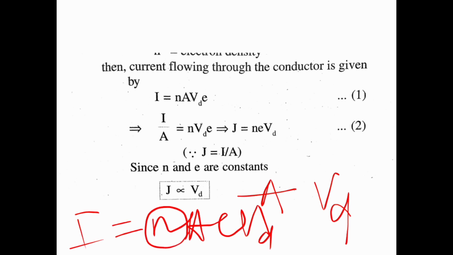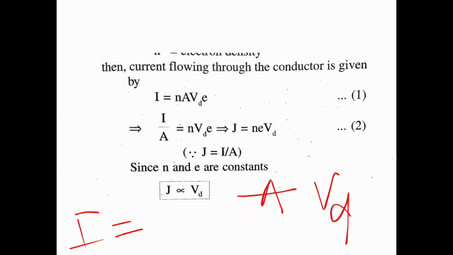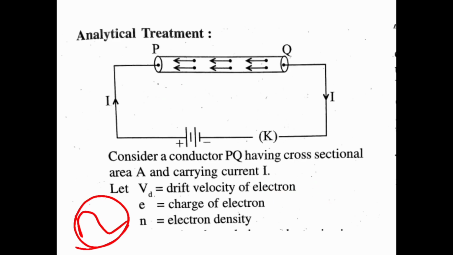Where n refers to the number of electrons, A refers to area, and e refers to charge of electron, whereas Vd refers to drift velocity. Okay, this is electron density.